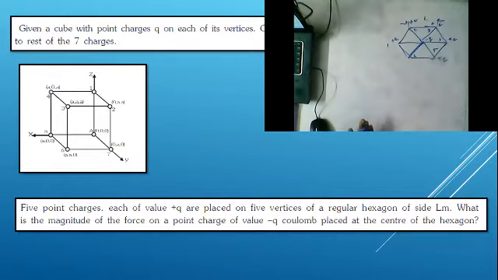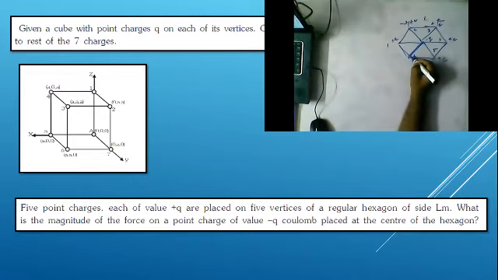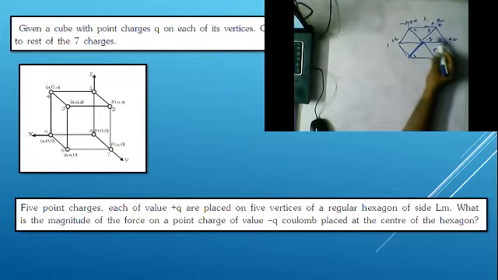Here we can give two types of solutions. First I am giving the actual way, then I will tell you the simplest way. The first way is, if you clearly observe, here they placed a minus q, so all the forces are going to concentrate here.